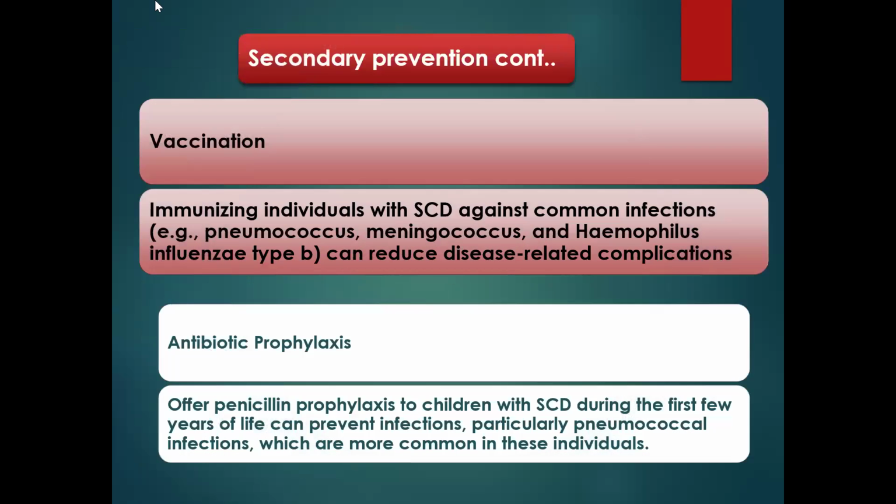Continuing under the same secondary prevention, you also talk about vaccination of these children. It's important to vaccinate children with sickle cell disease so that they will be protected against common infections such as pneumococcus, meningococcus, and Haemophilus influenzae type B.